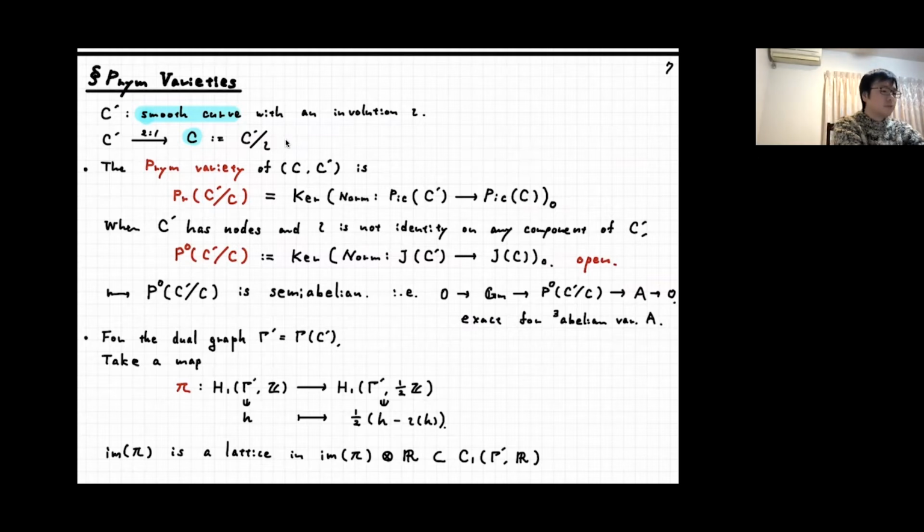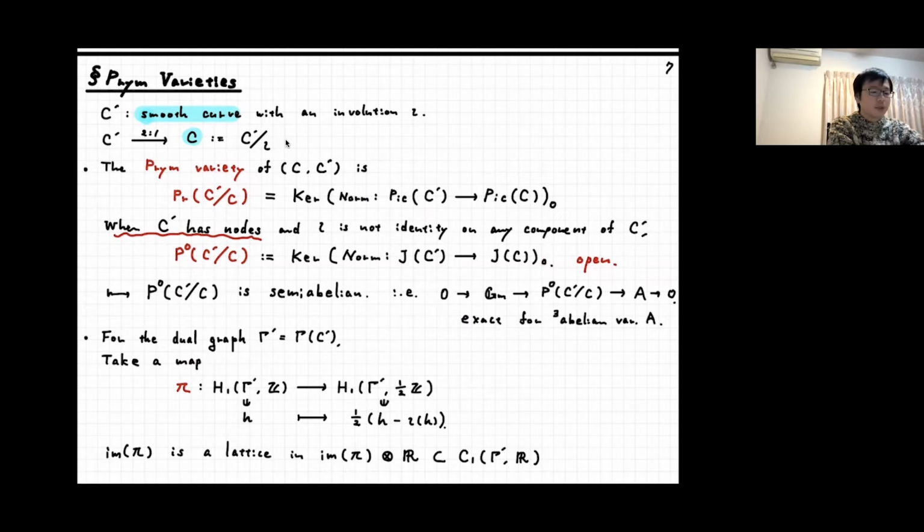So when C prime has nodes and iota is not identity on any component of C prime, we define the open generalized Prym variety P naught of C prime over C, which is defined, in terms of the Picard group here, we use the Jacobian of the curves, and take the norm map as before. So the norm map from JC prime to JC, and take a component which contains the identity.